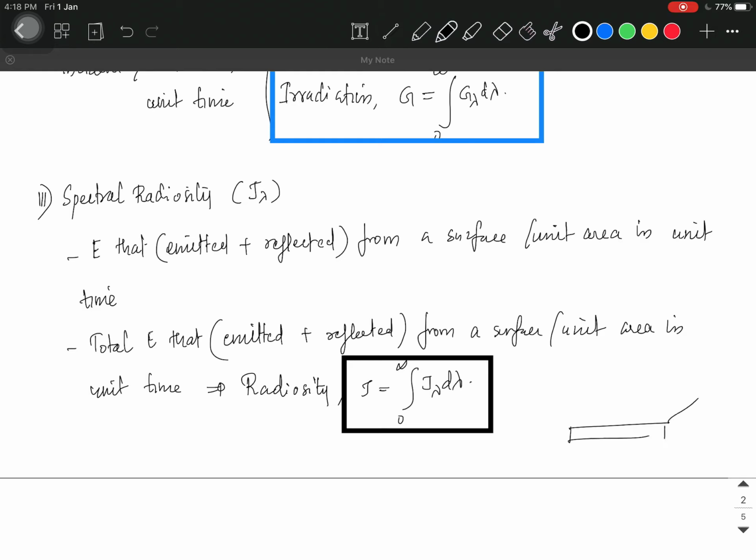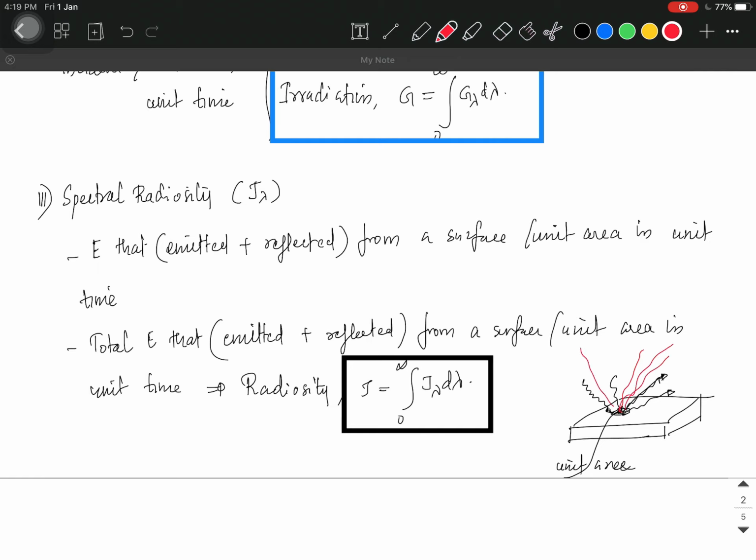Okay, so these are the emissive power, irradiation and the radiosity of a particular body. And if we describe this in a diagram, then consider some body like this, which has surfaces like this, and on this particular surface consider a unit area. On this unit area, the radiosity is nothing but the total energy that is emitted plus reflected.